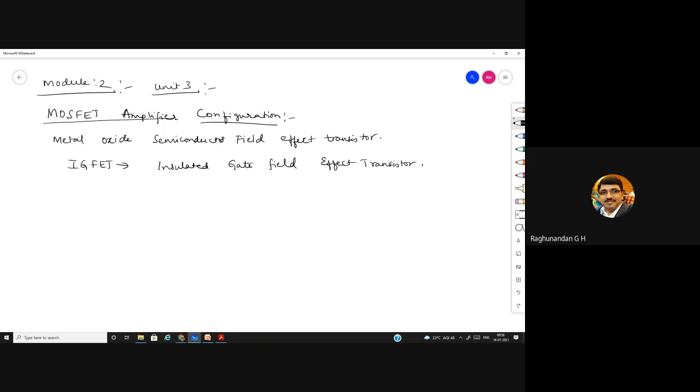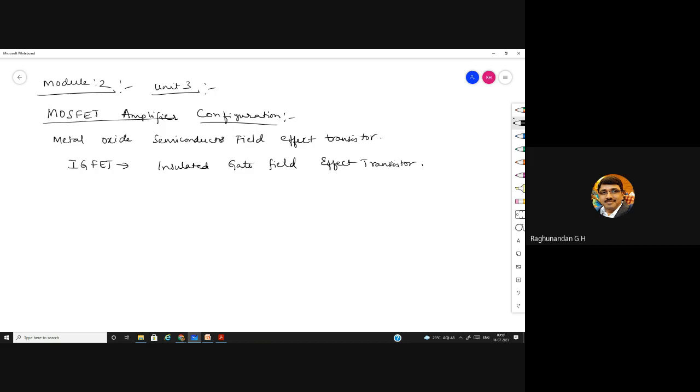The construction, working, and drain characteristics, all those things we have already studied in electronic devices and also in basic electronics. So I'll not waste time repeating the construction and working. We'll directly move on to the configurations.